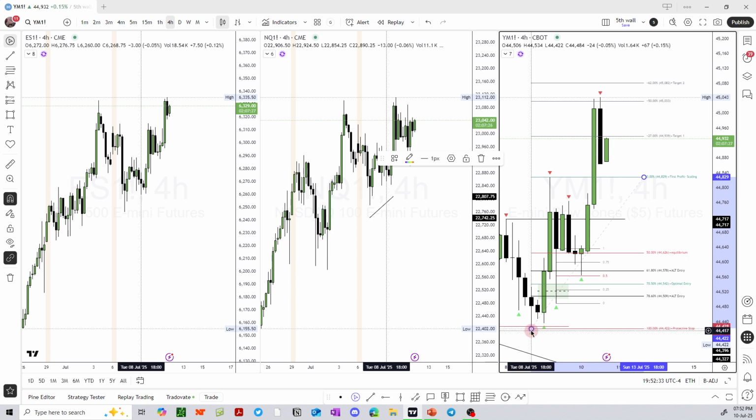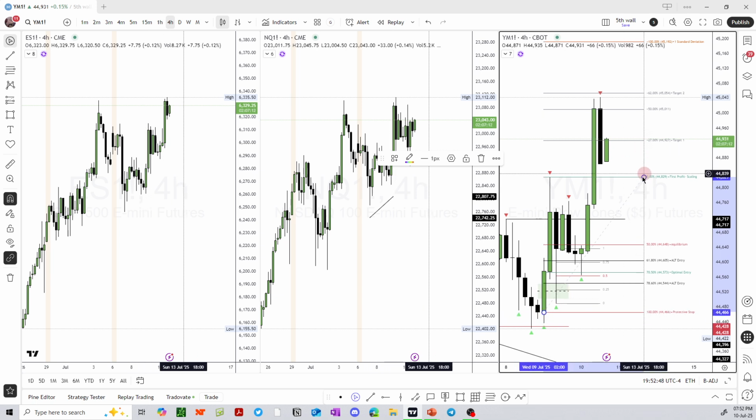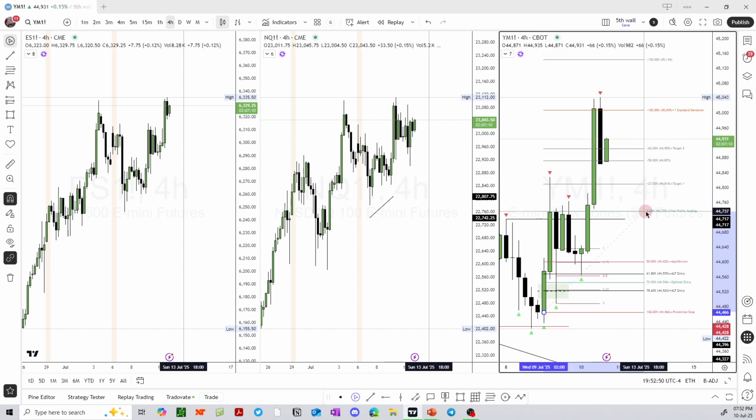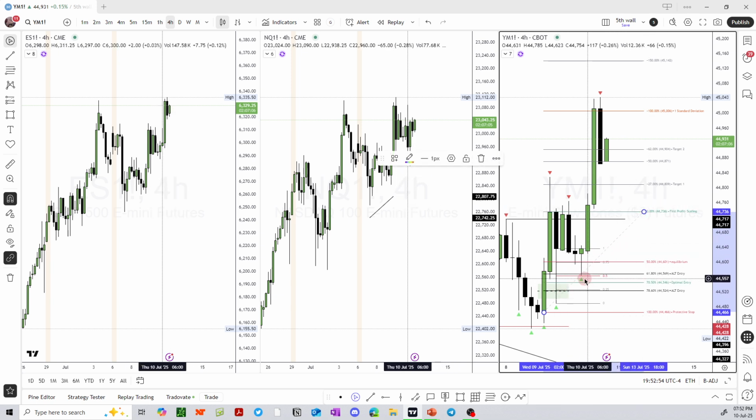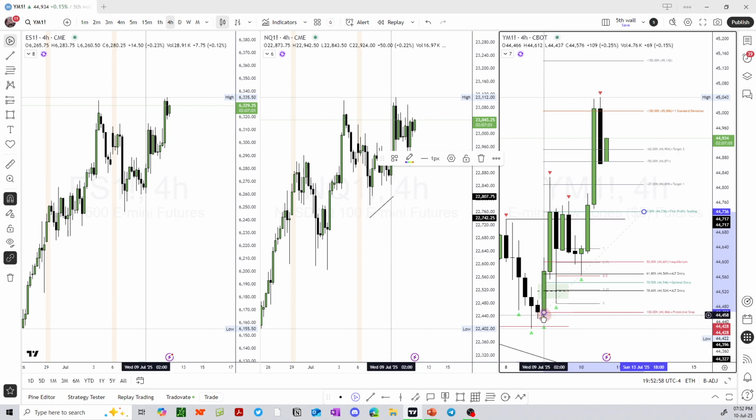All right, so let's see if we fine tune it utilizing the lowest low of this 3-bar pattern, using the bodies only. Let's see what that translates into. So it's not quite optimal. There you go, your optimal trade entry, and now we have 1 standard deviation just utilizing the bodies.